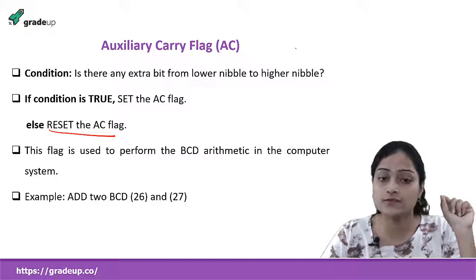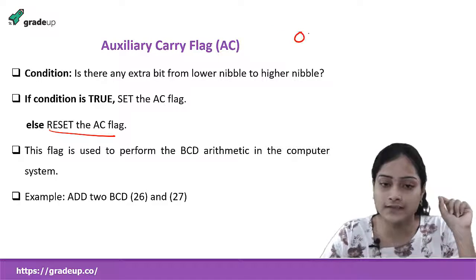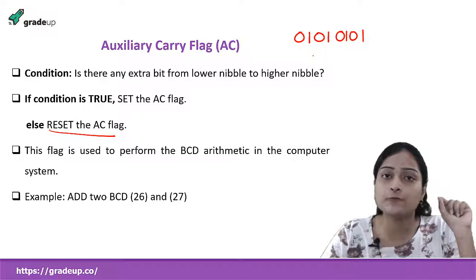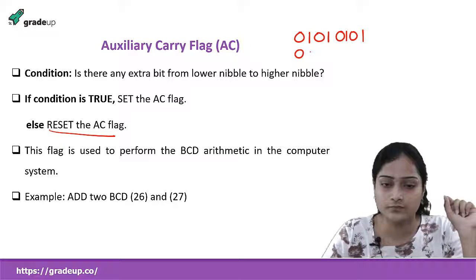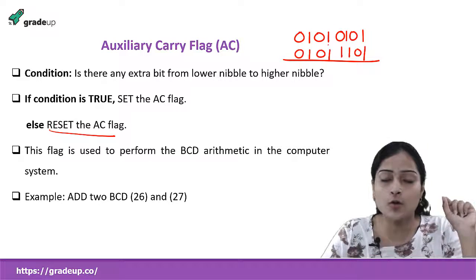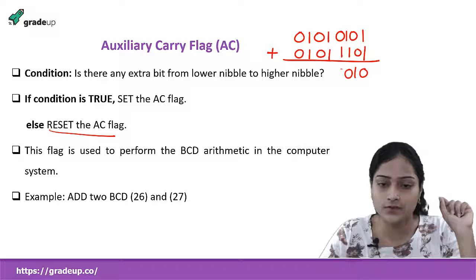Suppose your accumulator is of 8 bits in the 8085 microprocessor. You are performing some operation. 2 inputs are given to you, something like that. Suppose you were performing addition. 1, 1, 0, 1, 0, 0 again.